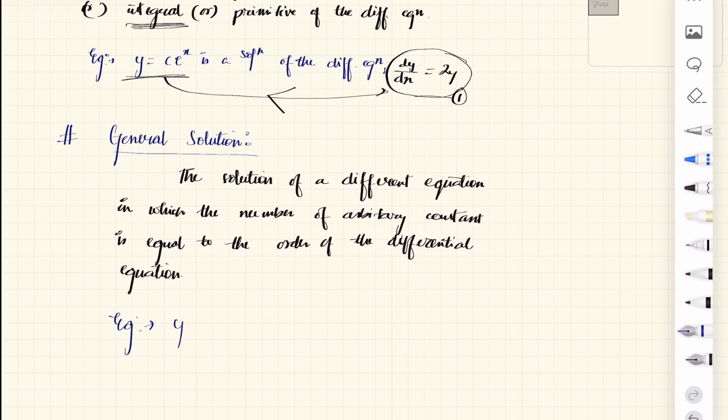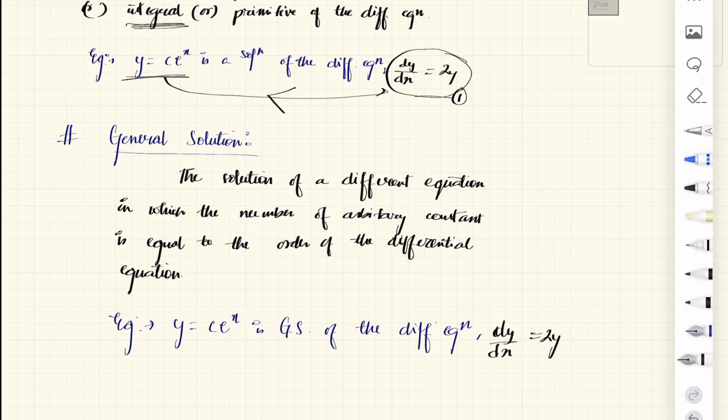Let's say y equal to c e to the power x is the general equation of the differential equation dy by dx equal to 2y. Because why?